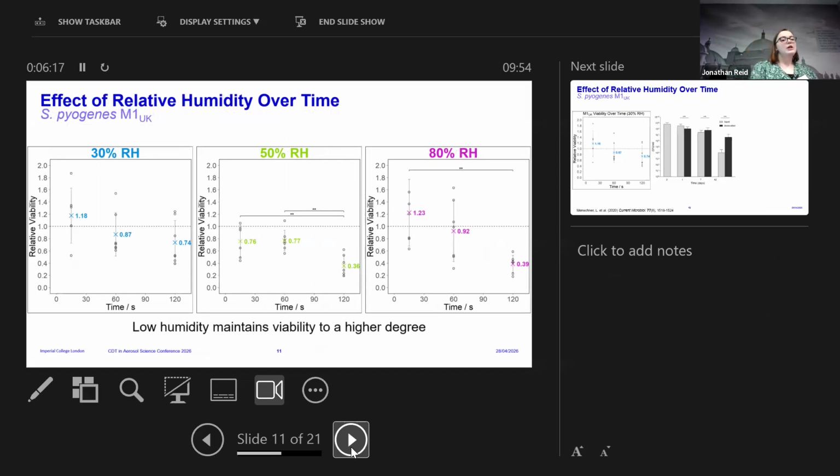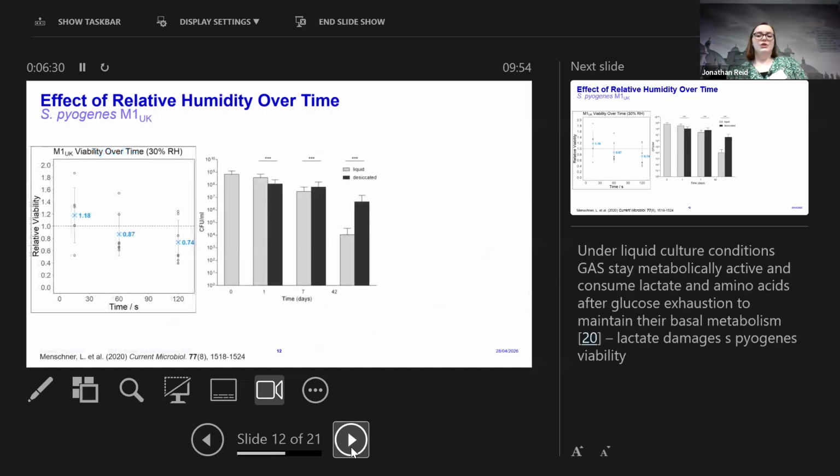But we see that at 30% humidity, viability is actually maintained to a higher degree. And there are two suggestions as to why this could be happening. We see in the literature that in desiccated conditions, so dried out conditions, Streptococcus pyogenes maintains its viability quite well compared to a liquid environment, somewhere with a higher water content.